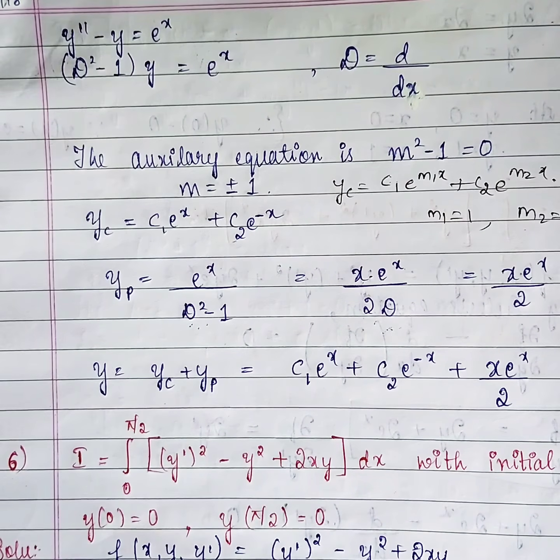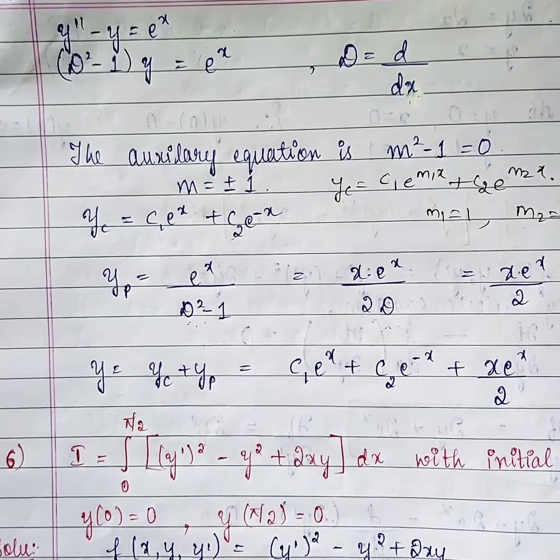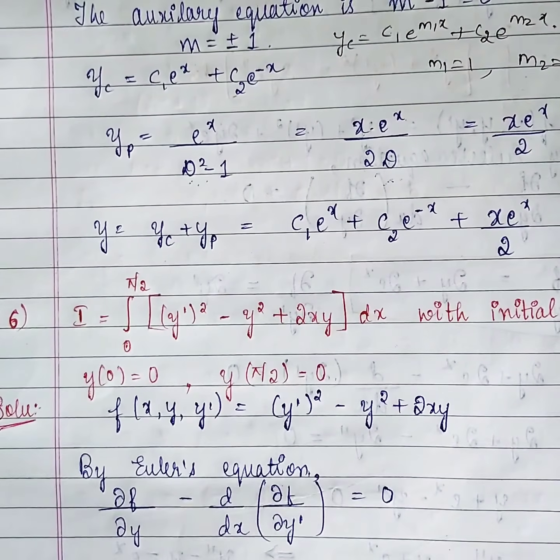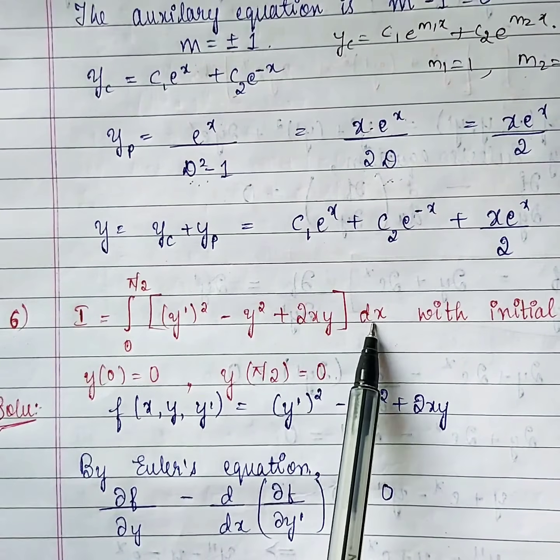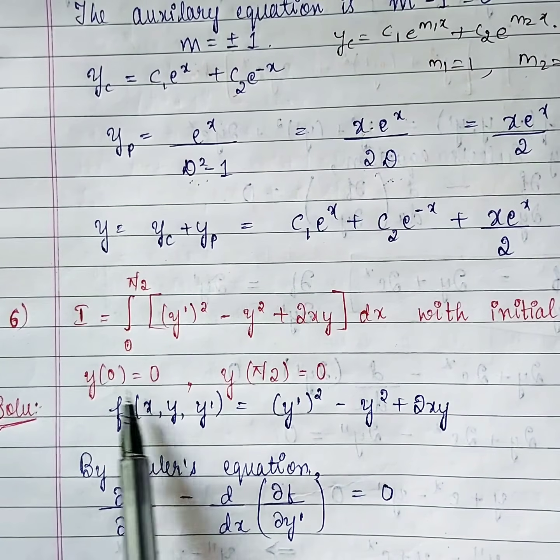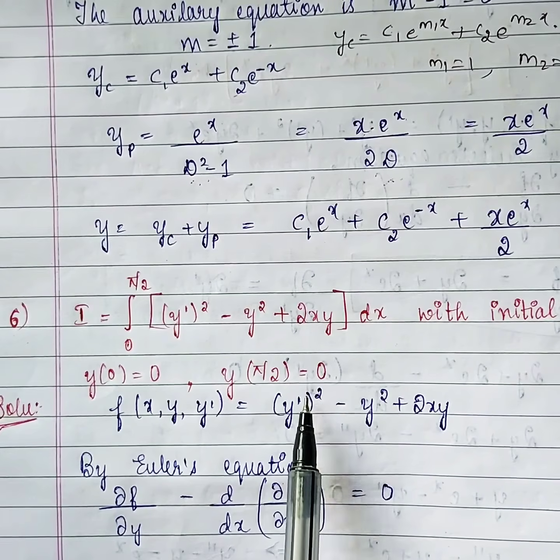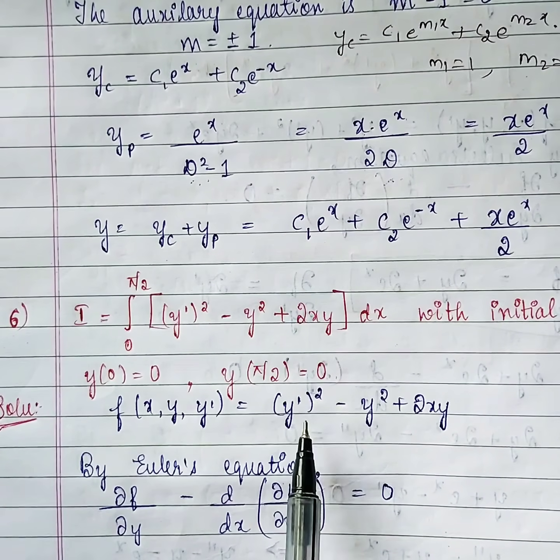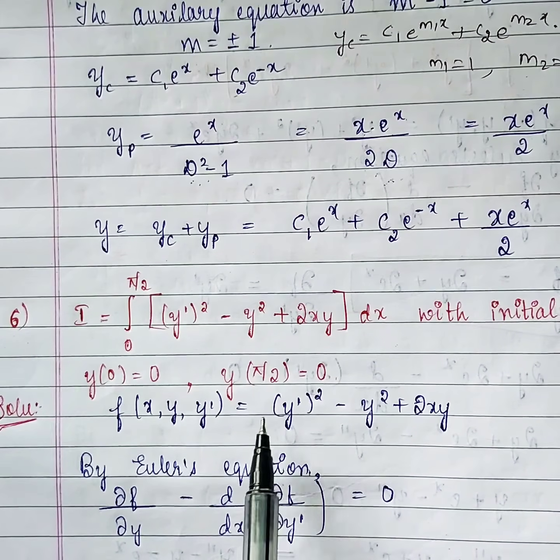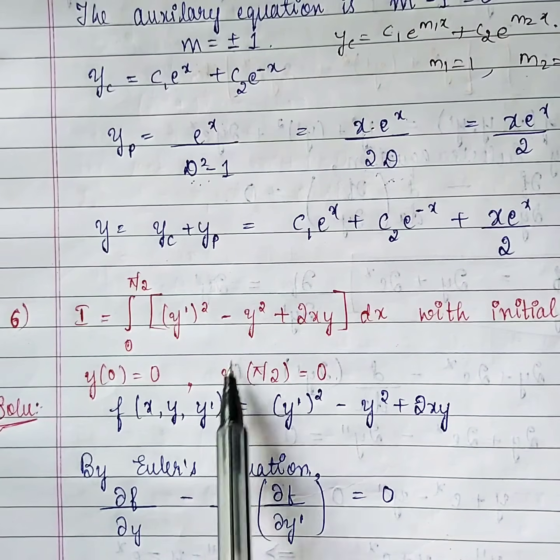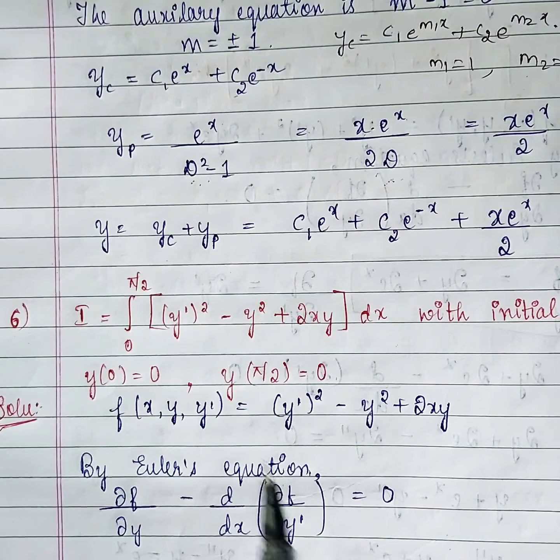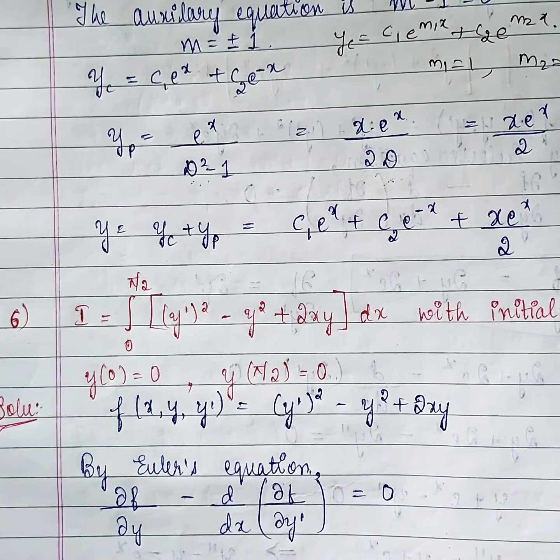For example, if you see this problem, I is equal to integral of y dash the whole square minus y square plus 2xy dx, with the initial conditions they have given. Y of 0 is equal to 0, y of pi by 2 is equal to 0. By replacing these initial conditions, finally in the answer you will get the constants. So you can try this problem on your own. Del f by del y will get minus 2y plus 2x.